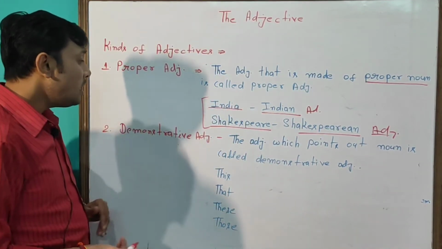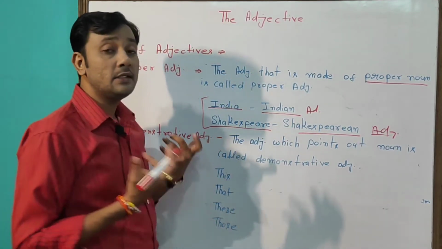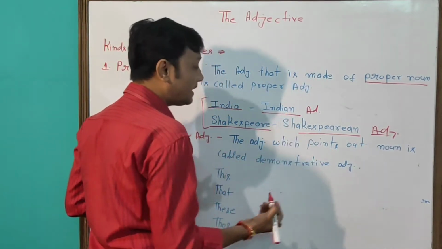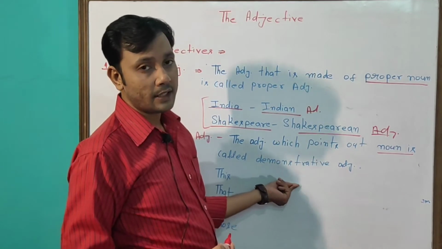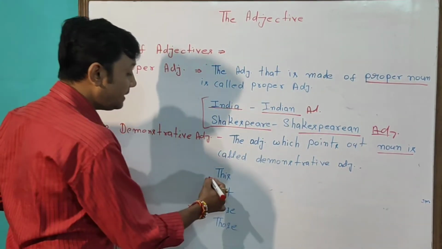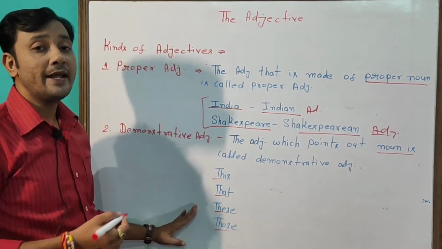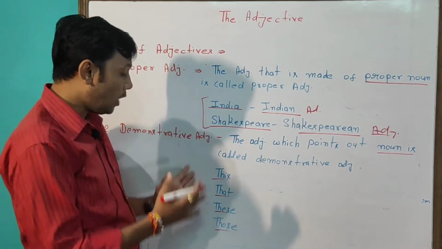Clear? The second type is the demonstrative adjective. What is the demonstrative adjective? A demonstrative adjective is an adjective which points out a noun. For example, this, that, these, those are all known as demonstrative adjectives. Now the question comes, how to use them.